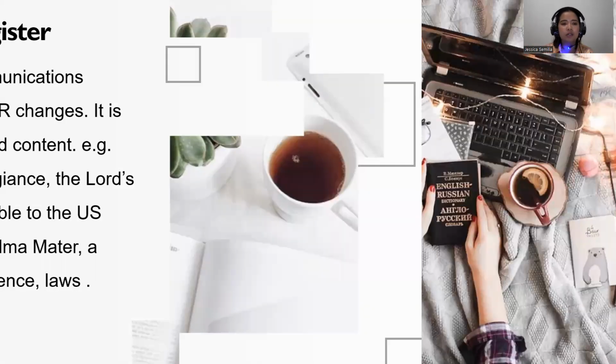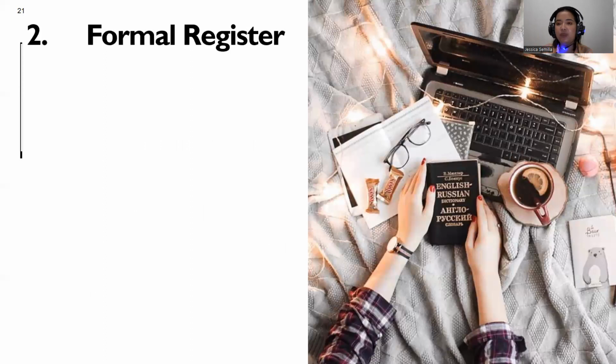So second one is the formal register. Formal register is a type of register wherein you try to use this formal type of language in a formal situation. So what are the formal situations? For example, you are into a presentation of your research, you are into a job interview, again, formal speaking situation.